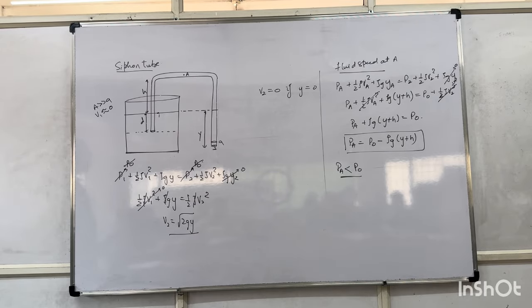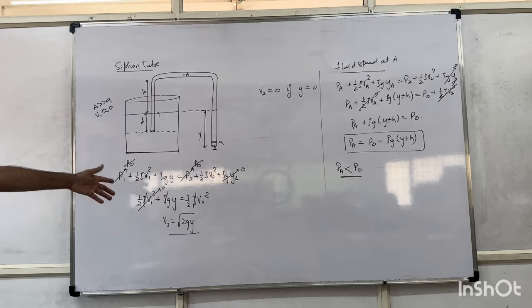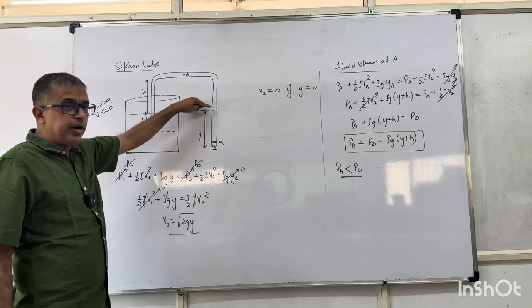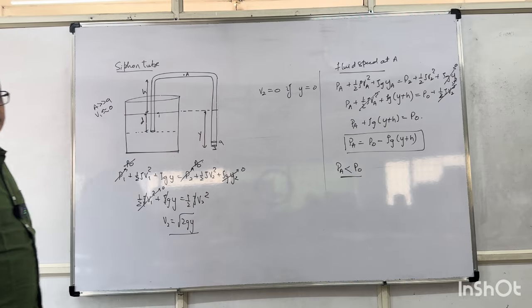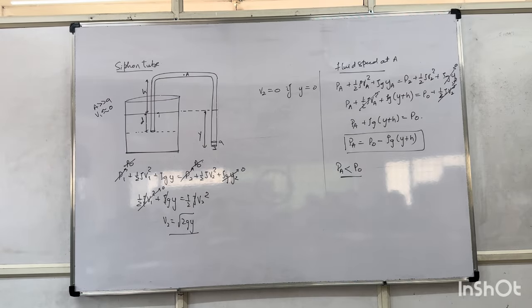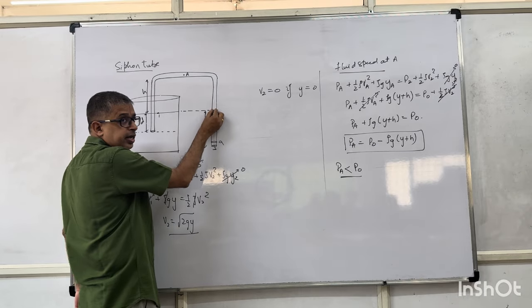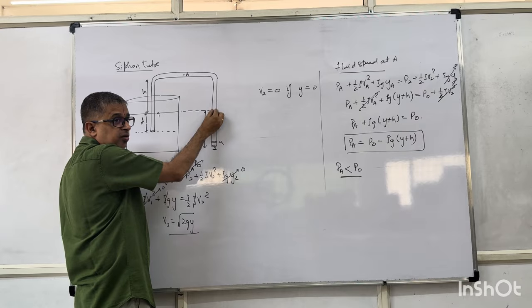Y is 0. If y is 0, V2 is 0. If this is kept at this particular level, there will be fluid inside, but it will not flow. Either way, if you keep exactly at the same level, either side it will not flow, and that's static. If I keep this point here, the fluid will not be flowing.